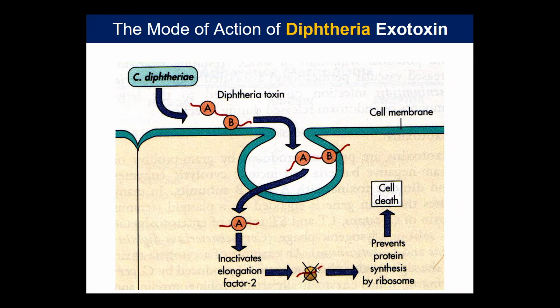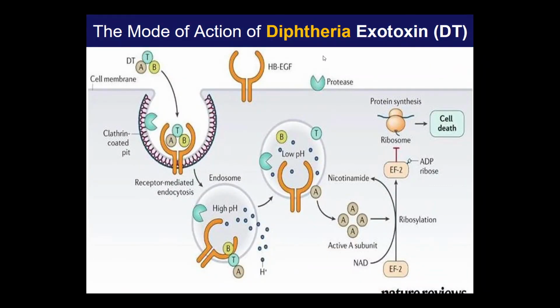Ribosomal protein synthesis is blocked, and the cell dies because it cannot survive when protein synthesis is blocked. This is also a scheme of the diphtheria exotoxin activity, but more detailed.